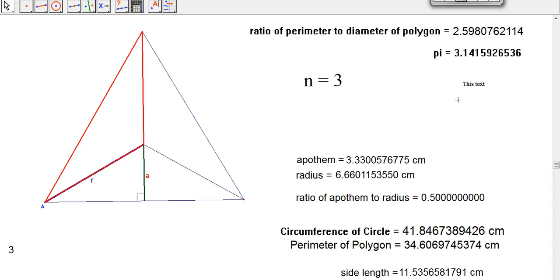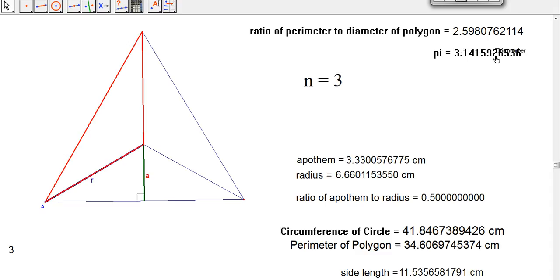Some things I want you to watch. I've got both the apothem and the radius measures next to each other, these two lengths here, and I've got their ratio. So I took the apothem measure and divided by the radius measure, and in this case it's exactly half, and you can take a pause there and try and figure out why if you're unsure, but I'll leave that to you.